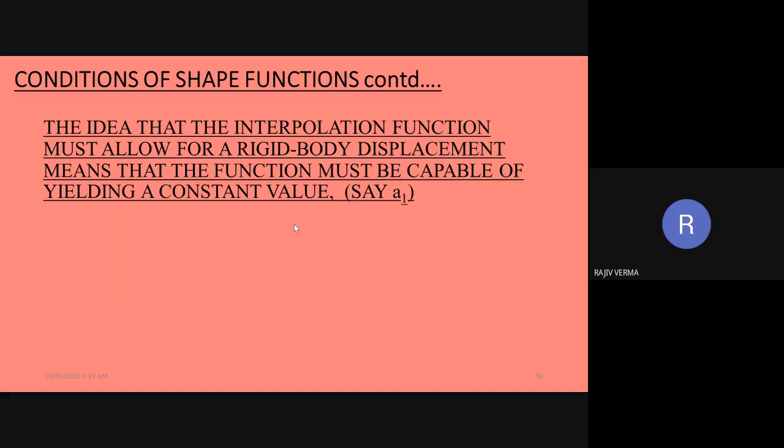This exercise can be done mathematically also. So let's assume that the constant value is A1. Therefore, u is A1. The deformation u is A1 in the entire domain.